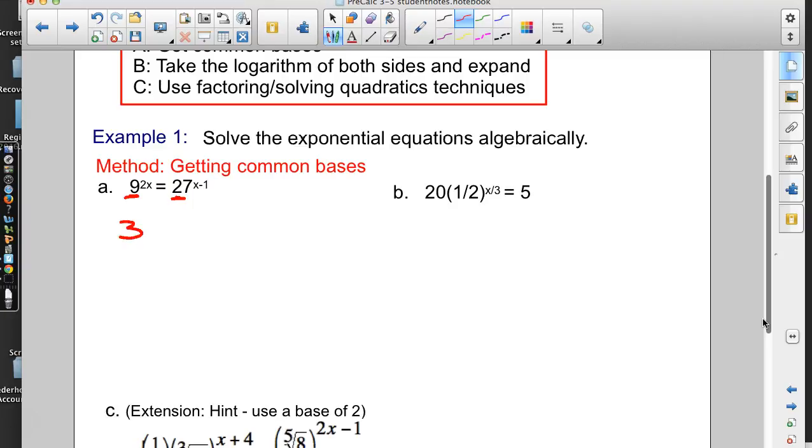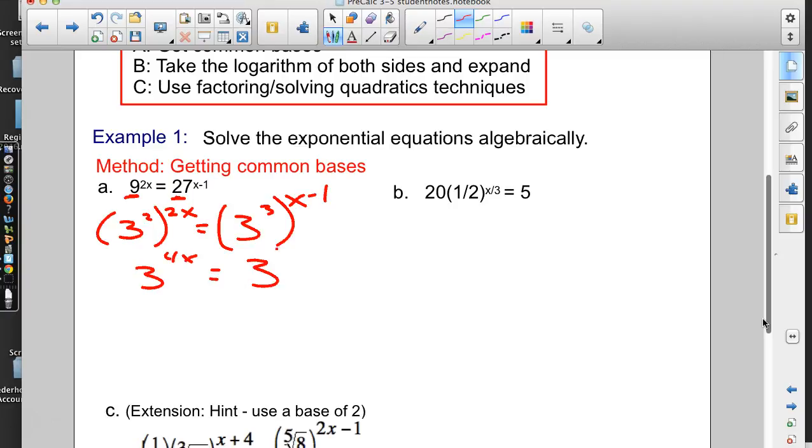So 9 is 3 squared, and we would still have to raise that to the 2x power. And 27 is 3 cubed, and we would still have to raise that to the x minus 1 power. And then we have to remember that when you raise a power to a power, you're supposed to multiply those exponents. So this would be 3 to the 4x equals 3 to the 3x minus 3.